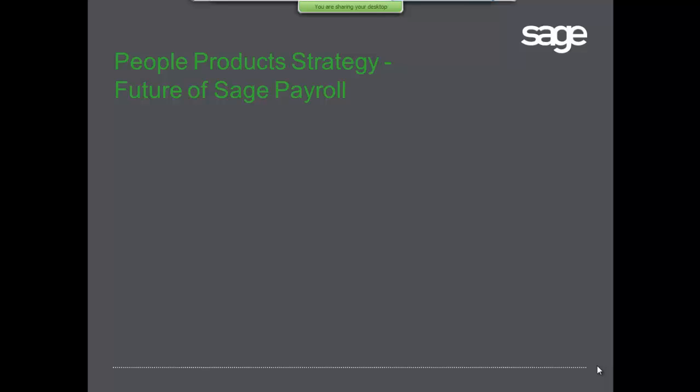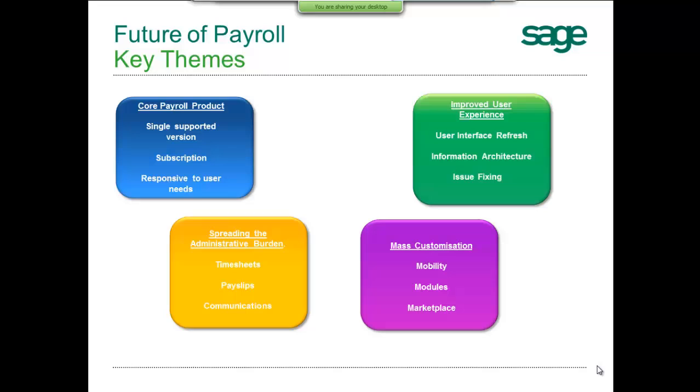So, just moving on from auto enrolment into the key themes that we see for future product development. These key themes: core payroll product. We do want to move to a single supported version over time.